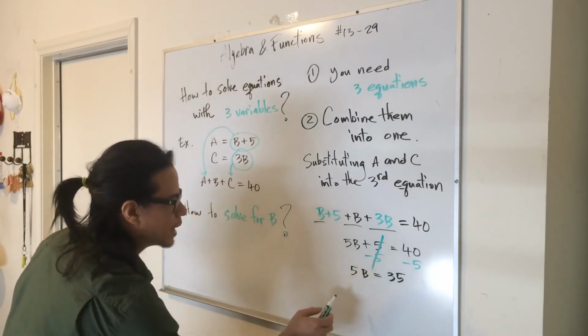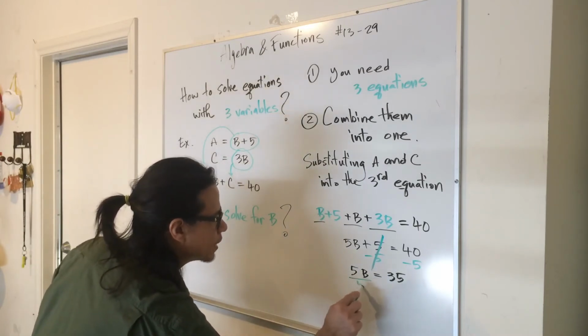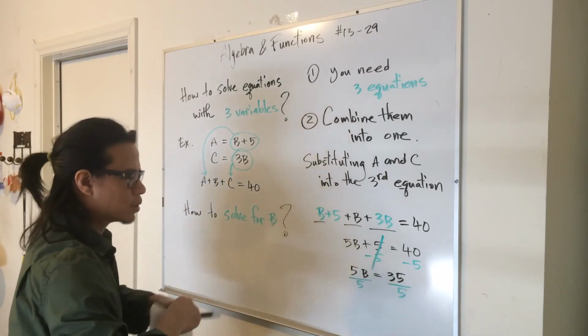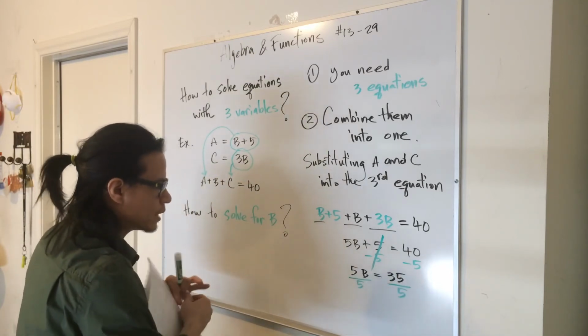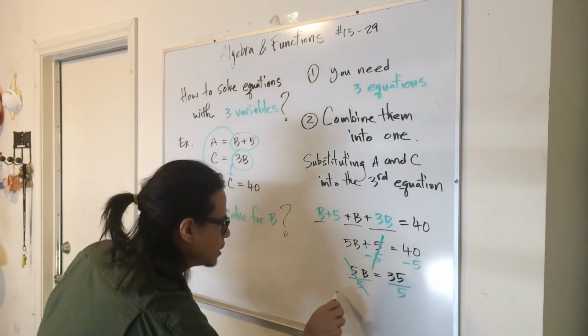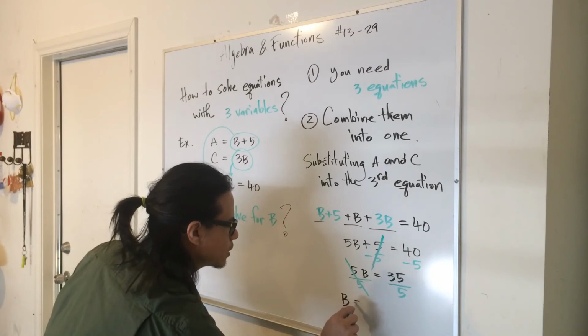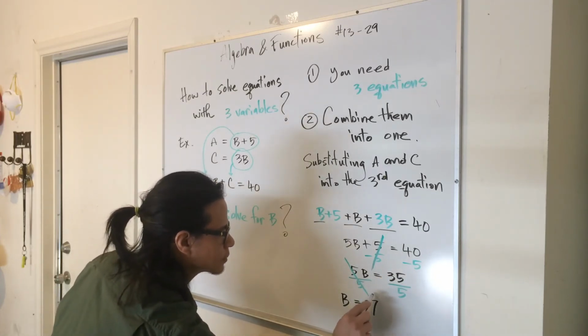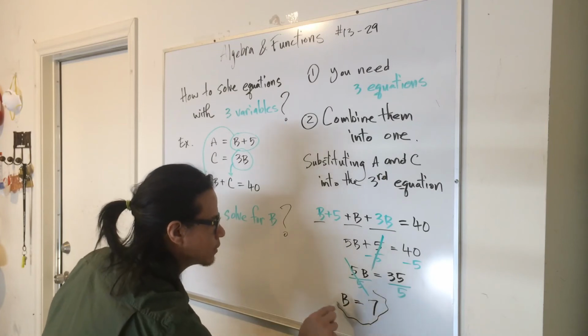The opposite of times 5 is divide 5. Divide 5. On both sides, the 5 cancels out. B ultimately is equal to 35 divided by 5. That's our final answer.